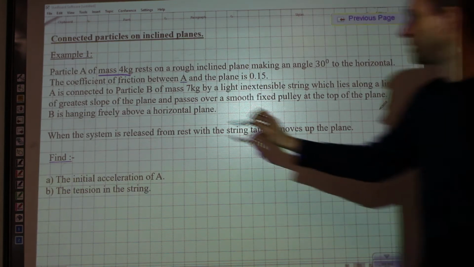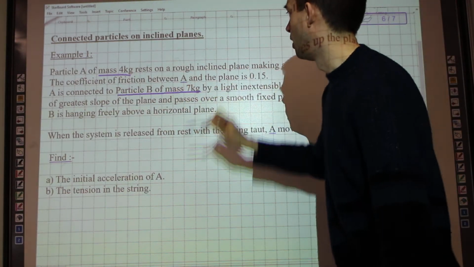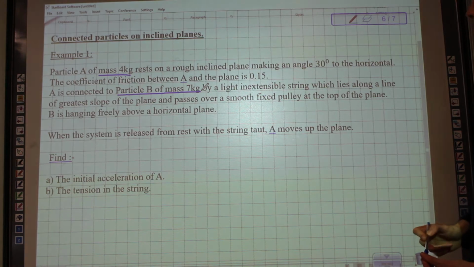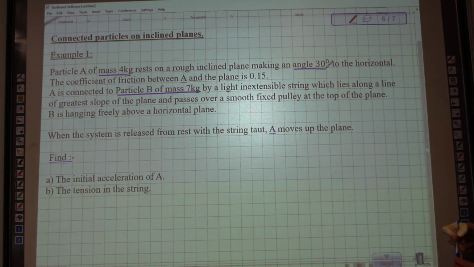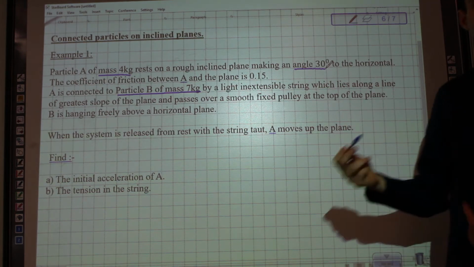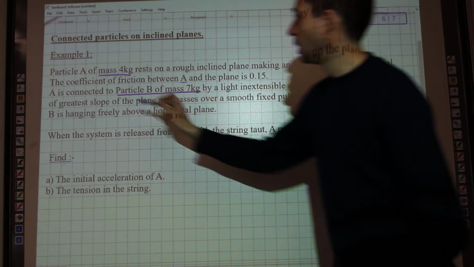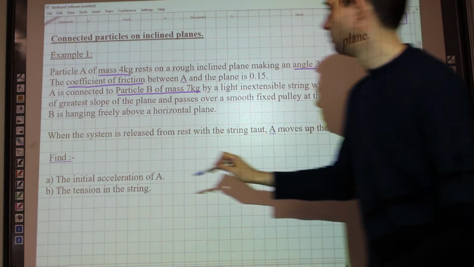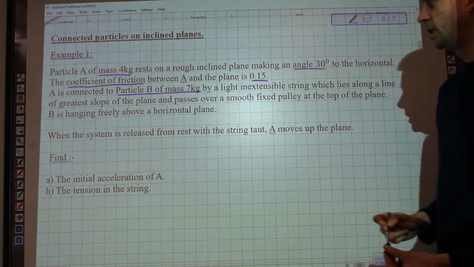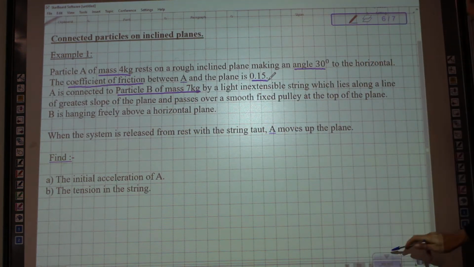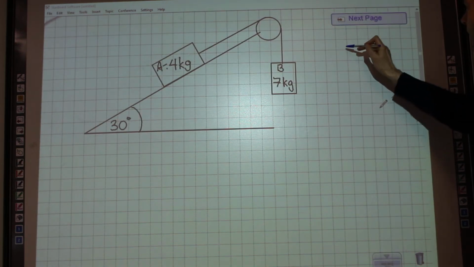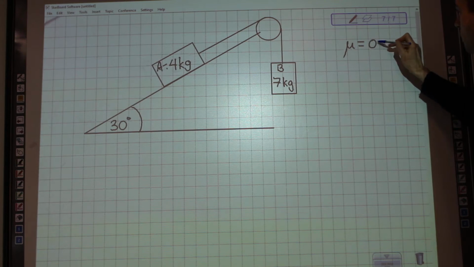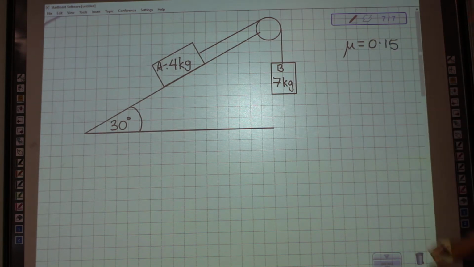So we've dealt with particle B of mass 7 kilograms, connected by a light inextensible string. We already dealt with the angle being 30 degrees. I'm just going to make a note at this point that the coefficient of friction between A and the plane is 0.15. I'm going to go to the next page and make a note over here that mu, the coefficient of friction, is 0.15.